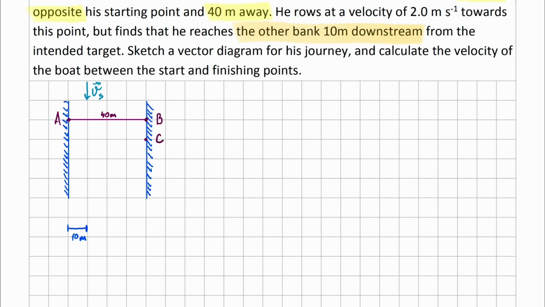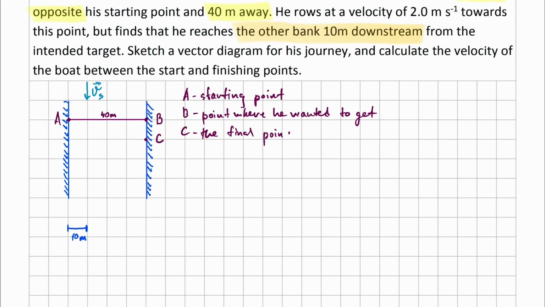Okay, so we should state that A is the starting point, B is the point where he wanted to get, and C is the final point where he actually got.